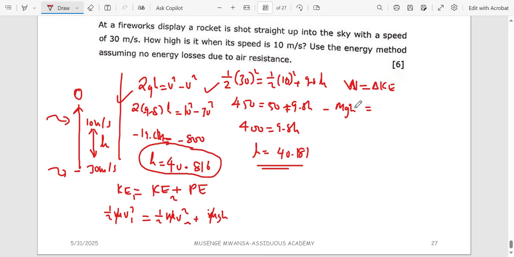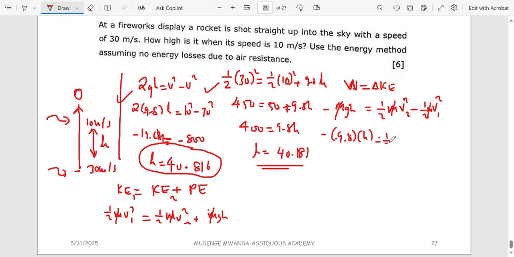And then change in kinetic energy. The final kinetic energy will be half mv2 squared minus half mv1 squared. The masses again will cancel out. So this will be negative, g is 9.8, the height is what we don't know.